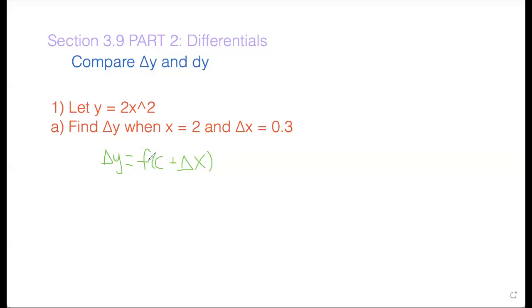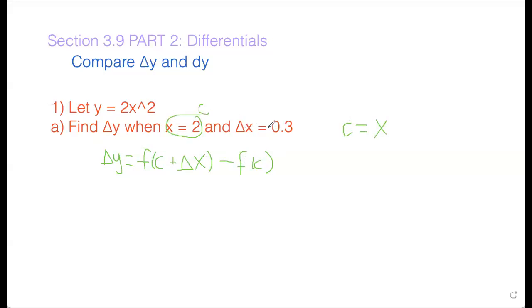So the change in y is equal to the function at c plus change in x, or delta x, minus the function at c. And if you remember from our last lesson, c is actually your x value, so c is your x value where we evaluate the function. That is right here; this is going to be your c.